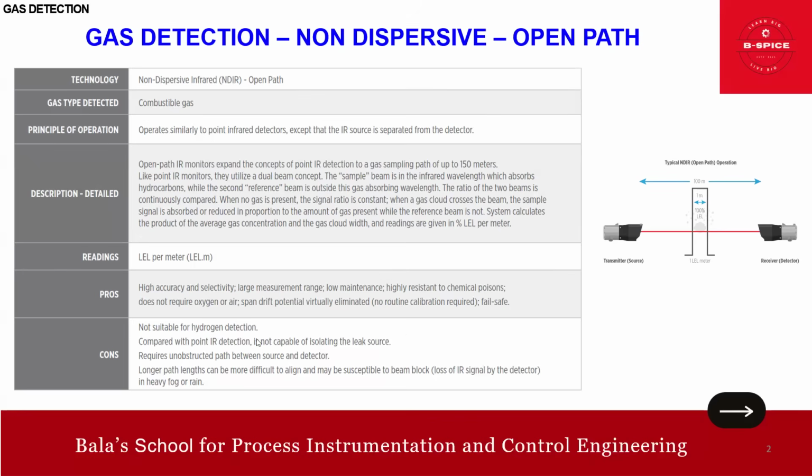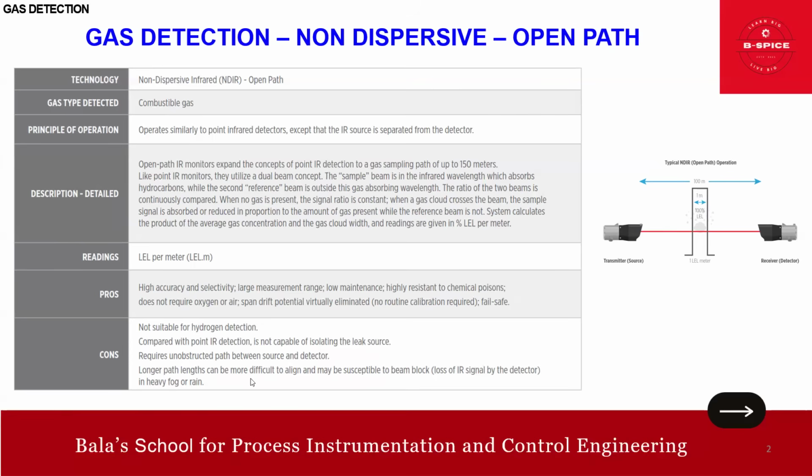That's the difference. When we talk about the limitations, yes, it's not suitable for hydrogen detection. Compared with point IR detection, this is not capable of isolating the leak source, and it requires an unobstructed path between the source and detector. Here, that is a challenge. If there are any obstructions, then it will not work because the beam will get deflected.